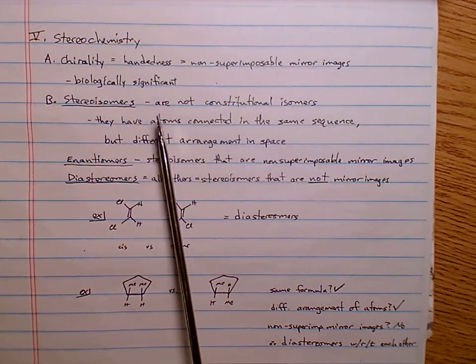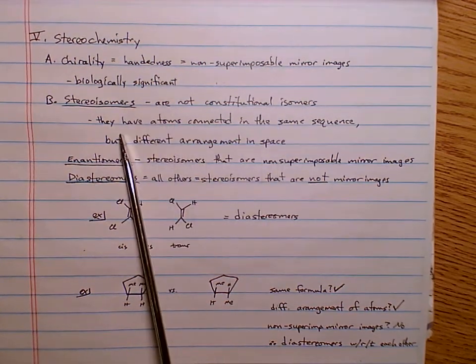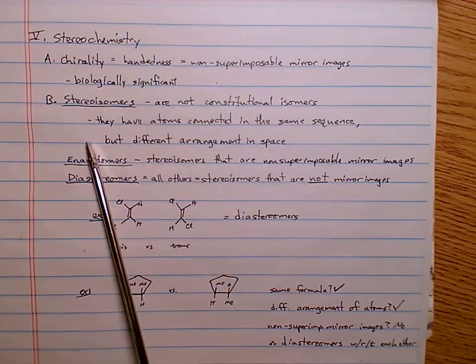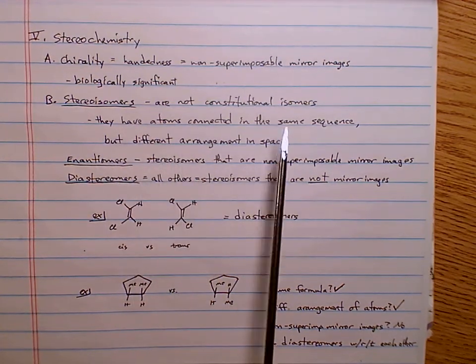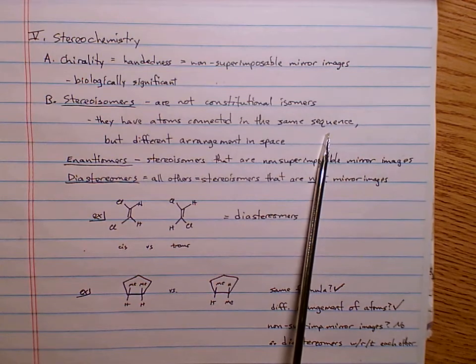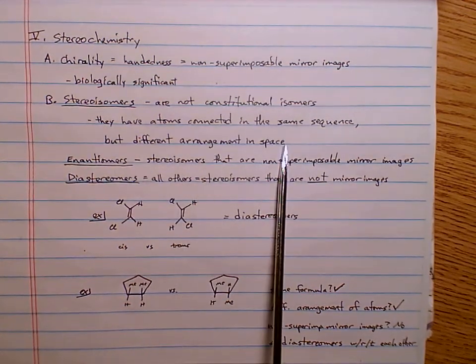Stereoisomers. These are not constitutional isomers, meaning they don't have different groups in different places in the molecule. They have atoms connected in the same sequence. They have the same connectivity, but a different arrangement in space.